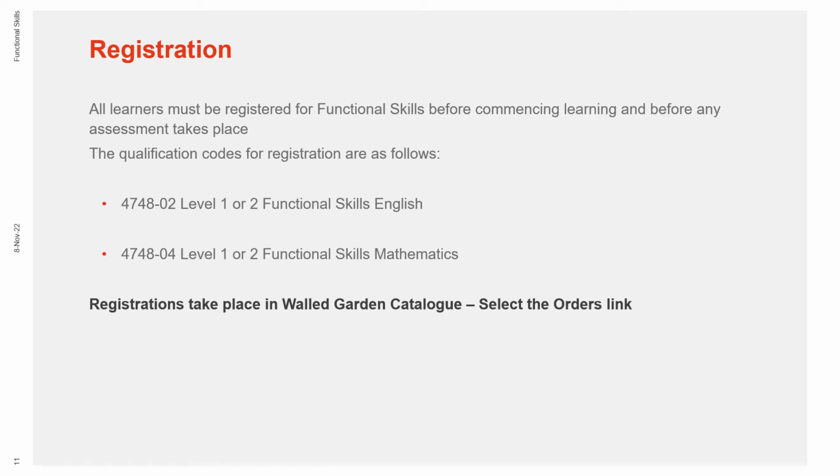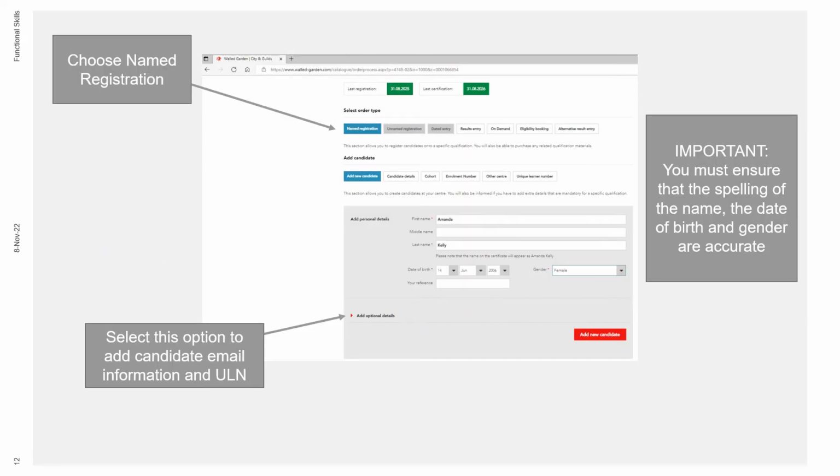In order to register candidates, you need to go to the walled garden catalogue and select the Orders link. Once on the Orders page, choose the Named Registration tab at the top. Then enter the candidate's name, date of birth and gender.